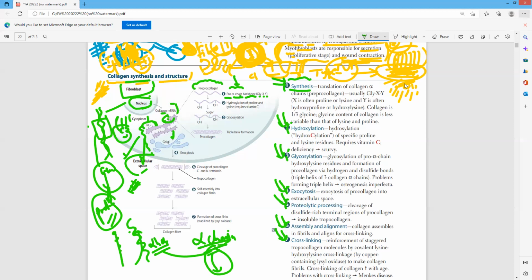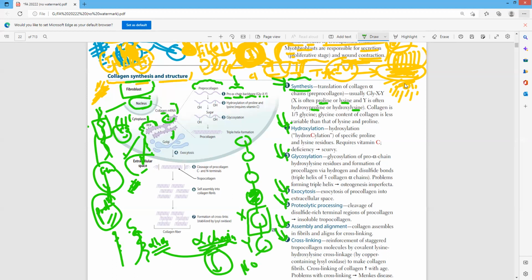I want you to understand and to differentiate that this will have this amino acid, this amino acid, this amino acid, and repeat. You will have glycine, and usually you will find proline and or lysine in the X position, and in the Y position you will find proline and lysine, but hydroxylated, OH.